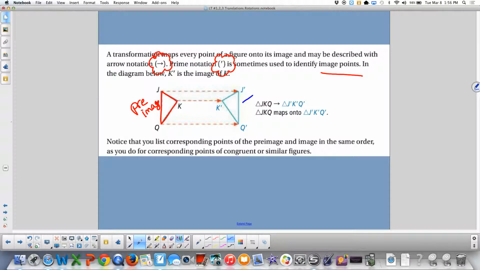And then my image is J prime, Q prime, K prime. The prime means, it's a little slash, and we say prime, but the prime means that I've done a transformation to this point, and this is the result. Here's the arrow notation. Triangle JKQ maps to triangle J prime, K prime, Q prime.